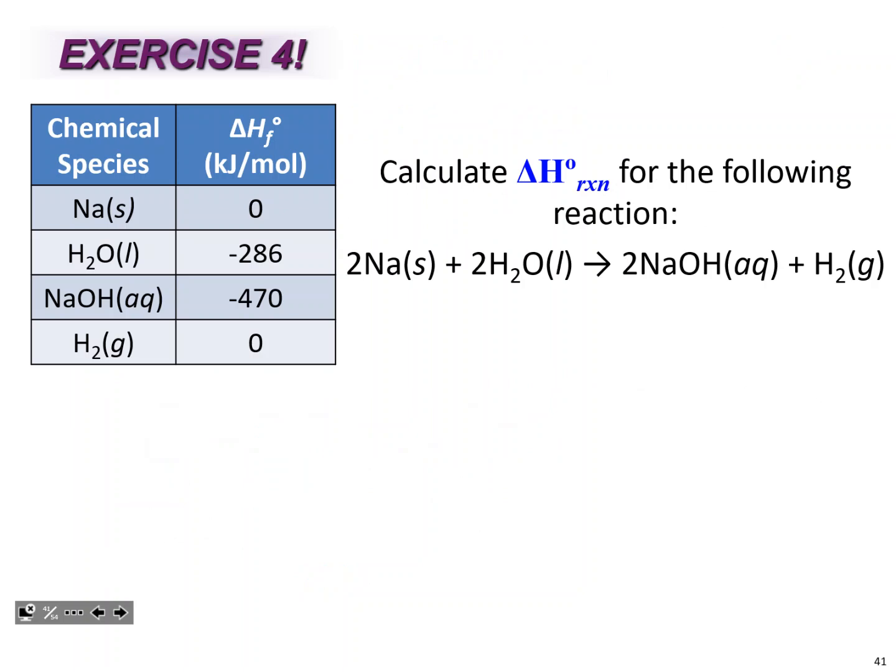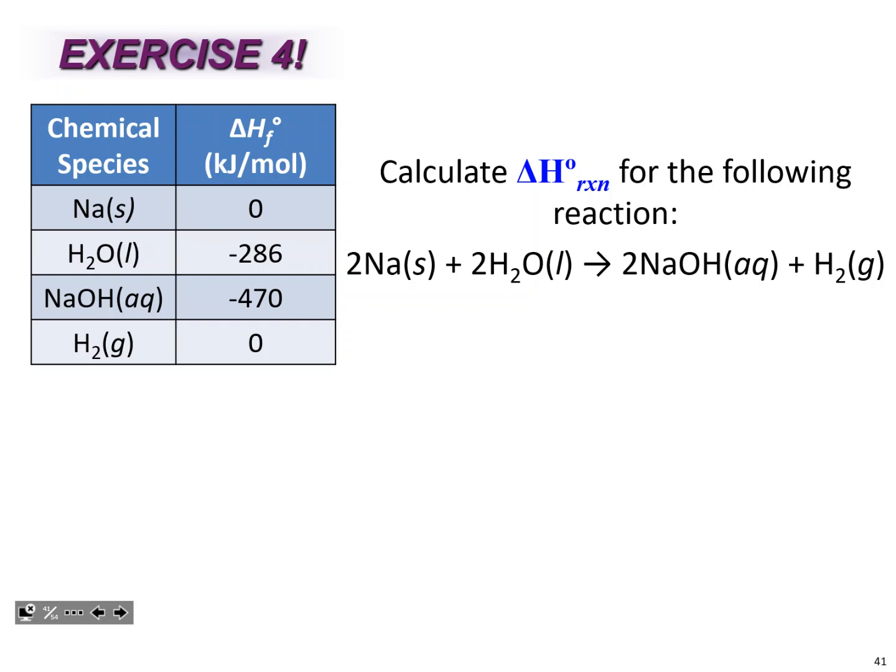Now, I only say that too because, like here in my table, I gave you the fact that hydrogen is 0 and sodium is 0 because they're elements. Sometimes, though, in the problems that the AP will give you, they'll only give you the table with the water and the sodium hydroxide, and they're assuming you already know the others are 0. Okay? So just be aware of that.